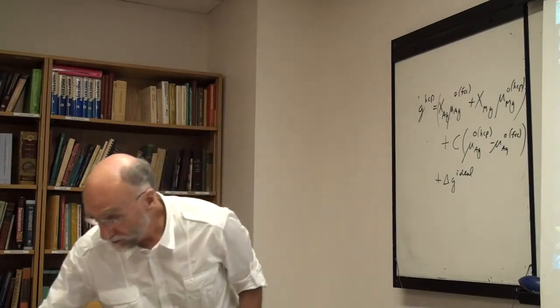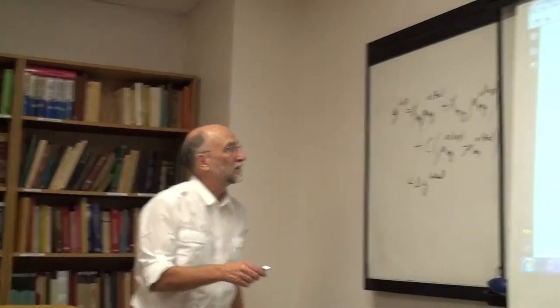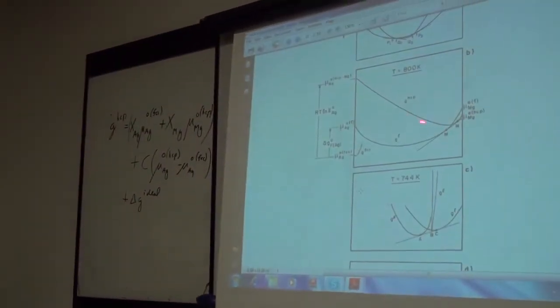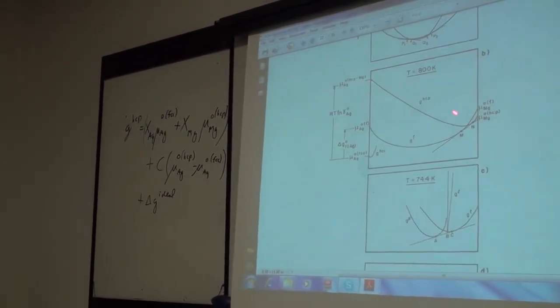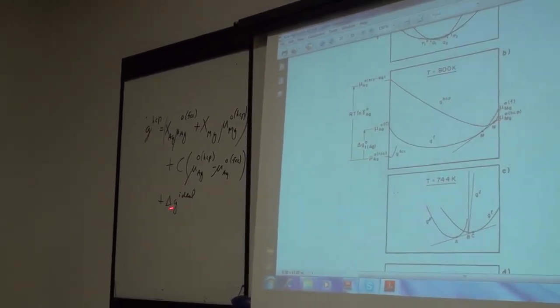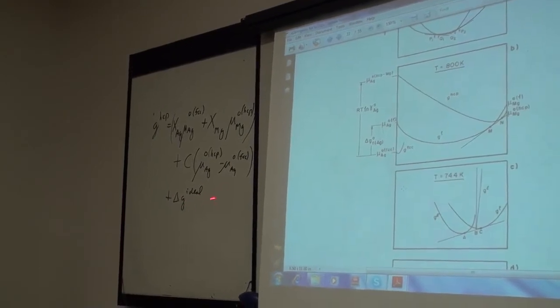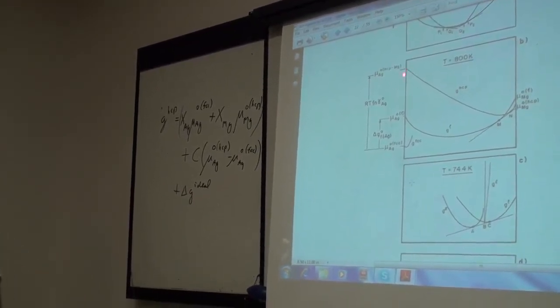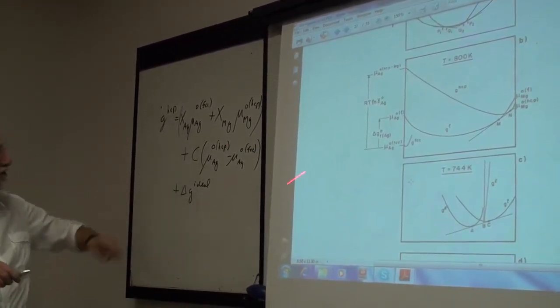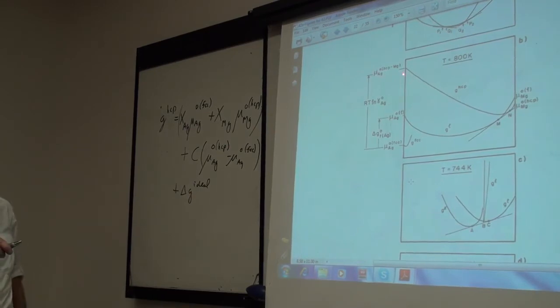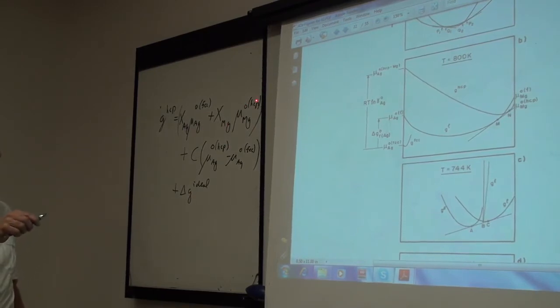Okay, so what I've done is I've referred it too fast. What if this curve here is assuming an ideal solution between these 2 points? Your Gibbs energy of mixing is an ideal Gibbs energy of mixing, and it varies from X silver mu naught silver HCP to X magnesium mu naught magnesium HCP.